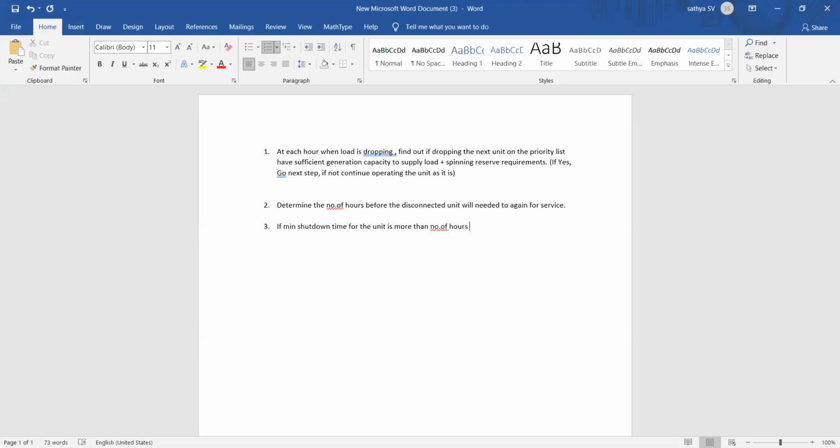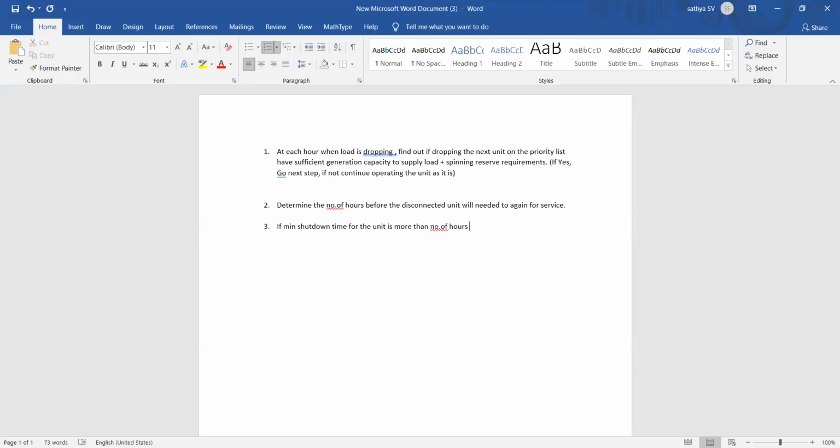Let us take the load stepping up from 450 to 1100 megawatts, and the time required for this stepping up is, let us say, 6 hours, right? But if you have disconnected your units 2 and 3, and to regain them into service it takes 10 hours, then automatically it may shut down the entire grid, right?